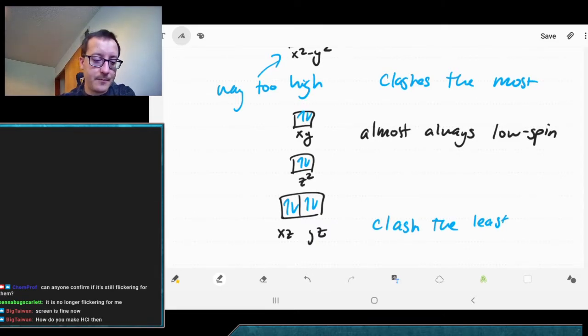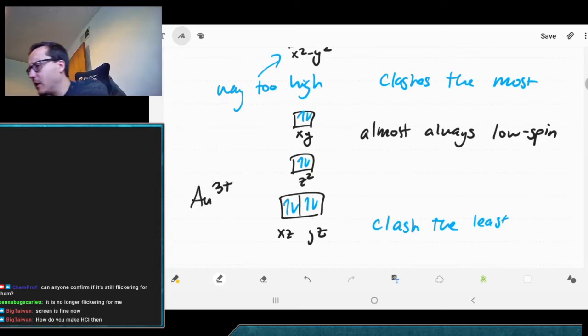And so this would be, for example, our gold. Does gold 3 plus have d8 electrons? Let's see, is it in group 9? Yeah, it is. Okay, so yes, it has d8 electrons. As a result, we're going to fill it in that way.